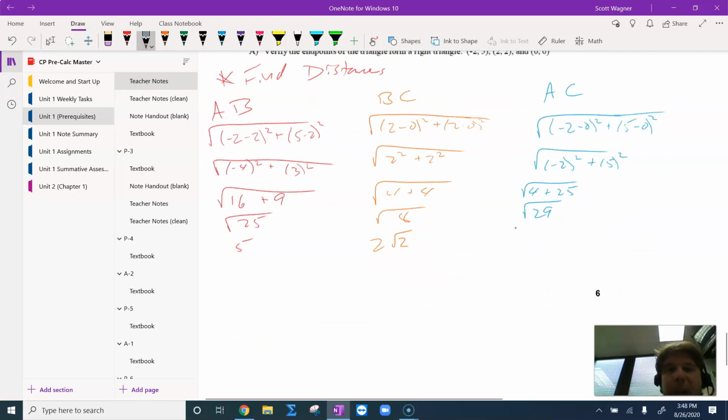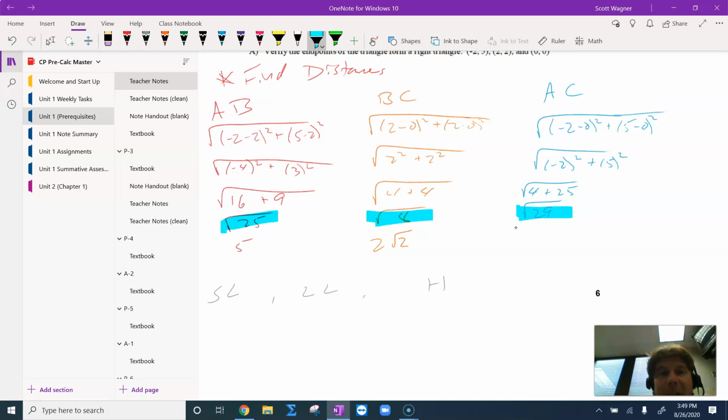Can we work with the Pythagorean theorem here? We're going to have to figure out what's the short leg, what's the long leg, and what's the hypotenuse. So out of these 3 distances, which one is the shortest, which one's the longest, and which one's going to be the hypotenuse? The nice thing is you can try to compare them just by looking at the square roots: the square root of 25, the square root of 8, and the square root of 29.